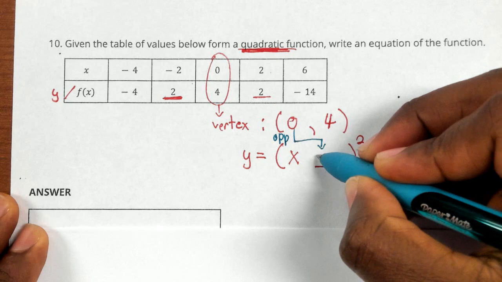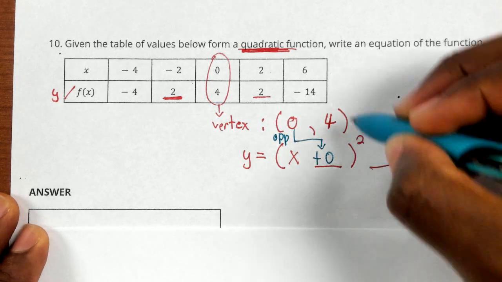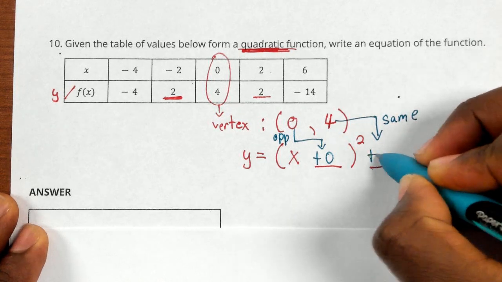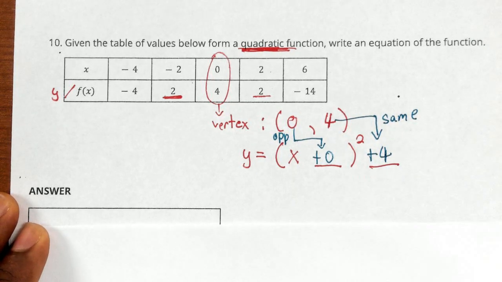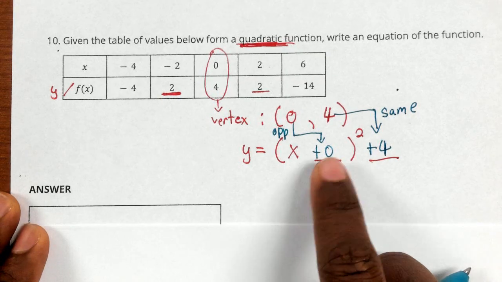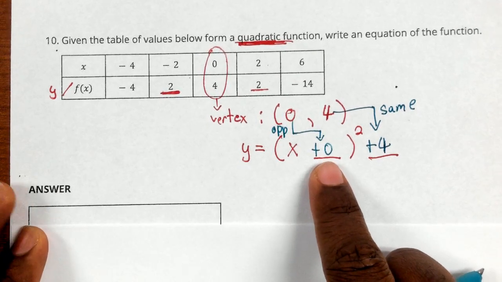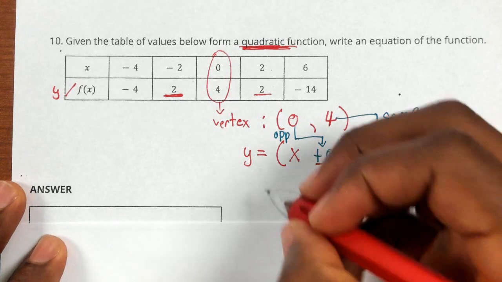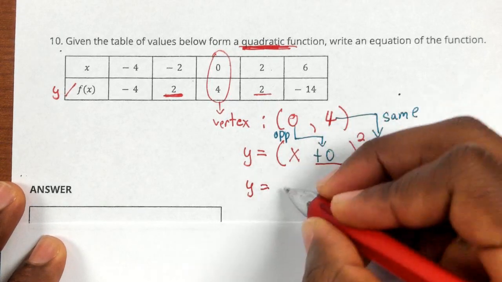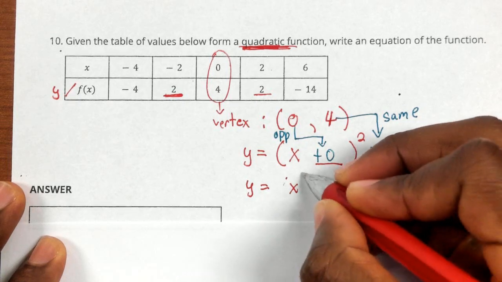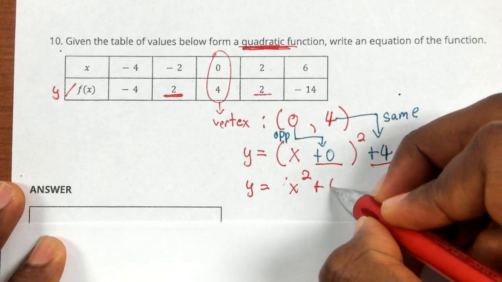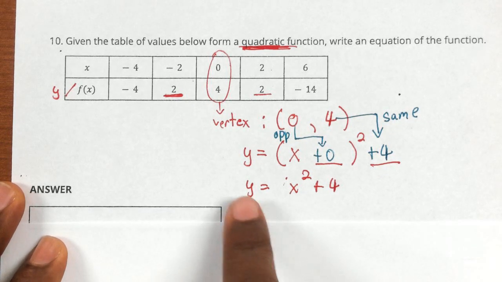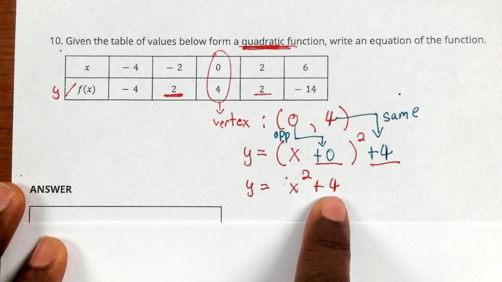So I would put plus 0 here, and then the same as your y value, so I'll put positive 4 here. You can't really add or subtract 0 anyway, so this will simplify to y equals x squared plus 4. That is what the equation will look like.